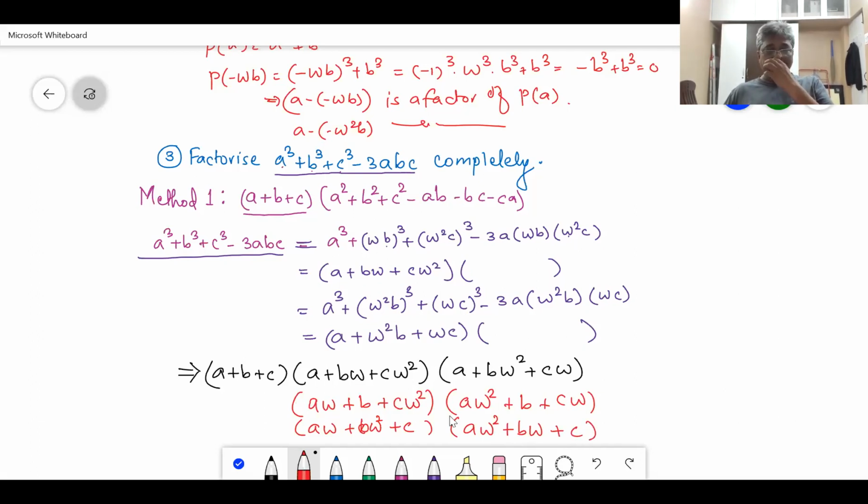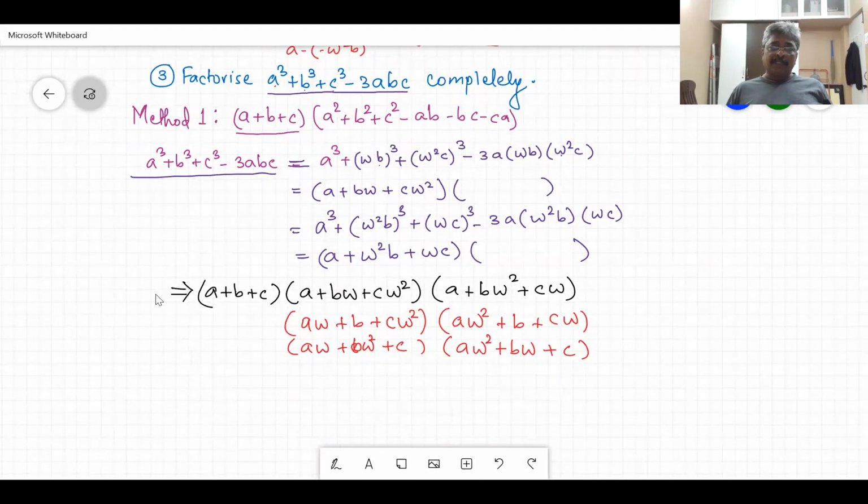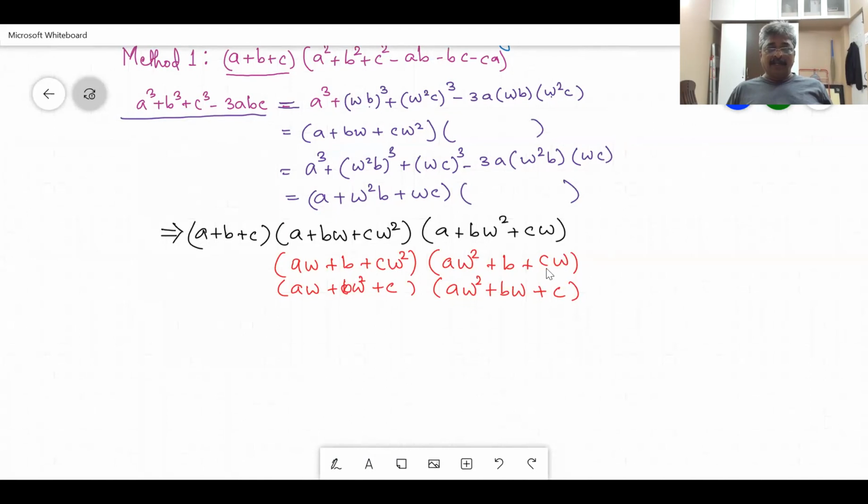I mean, why not these two amongst any of them? But then it is going to become a 6 or 7 degree polynomial. So as far as the degree of the polynomial is concerned, we are failing, and therefore there must be something hidden in this.